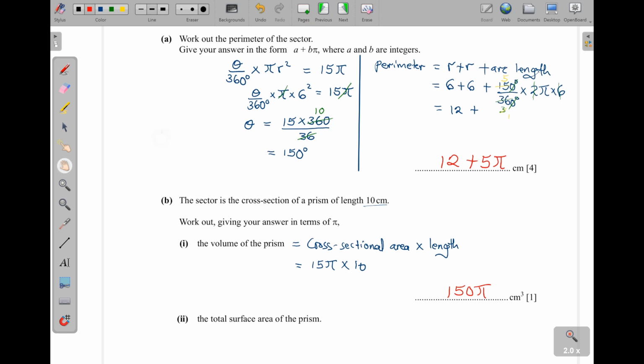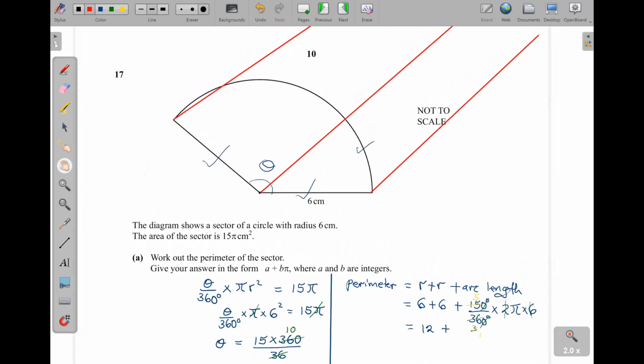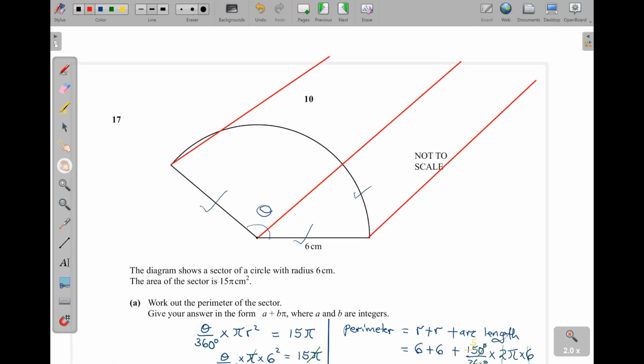Now the total surface area of the prism. Remember, for total surface area, we just get the areas of the surfaces, then we add them all together. See what is happening here, the areas that we have. There is this rectangle here, going like that, down there. There is also this other rectangle here going down there.